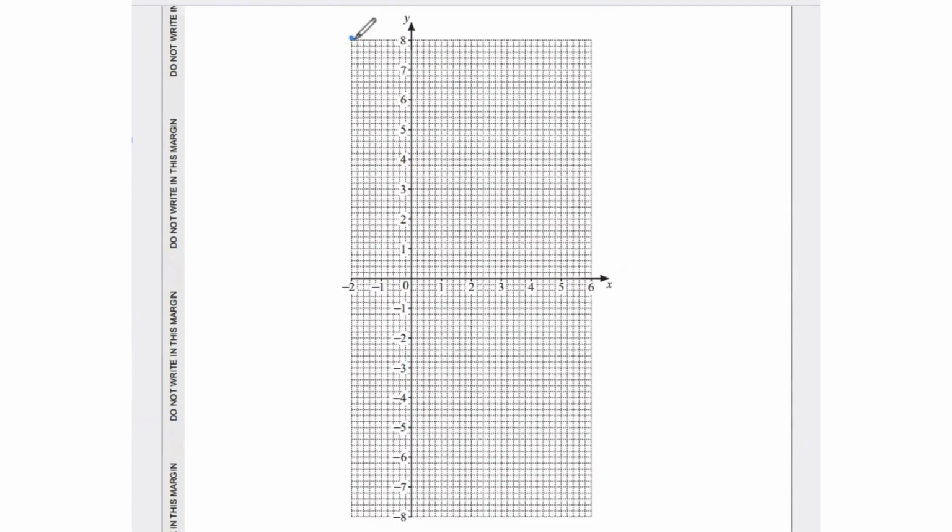Negative 1 and 1. 0, negative 4. 1, negative 7. Then 2, negative 8.